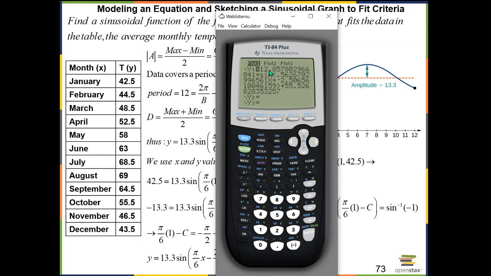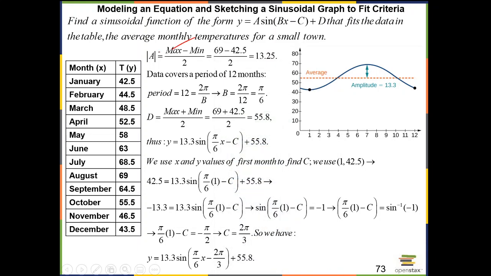You see, it has that form, some number times sine of some number times x plus some number plus some number. That's D right there. But it has many decimal places. So I'm going to graph now. You see, calculator found a model for us. And that's how we do these things actually with computers and calculators.